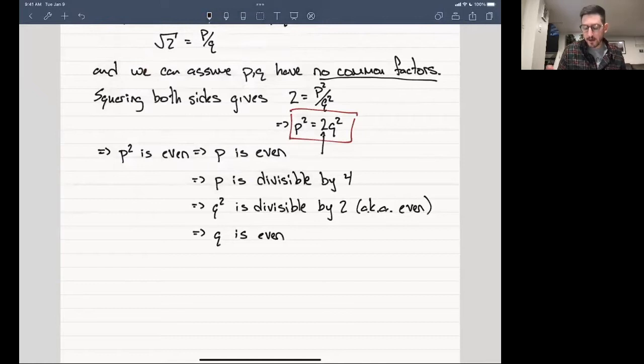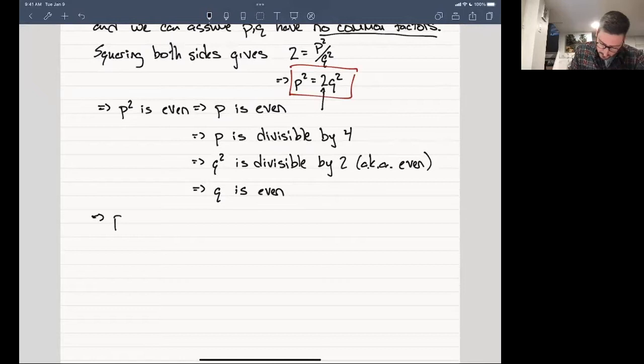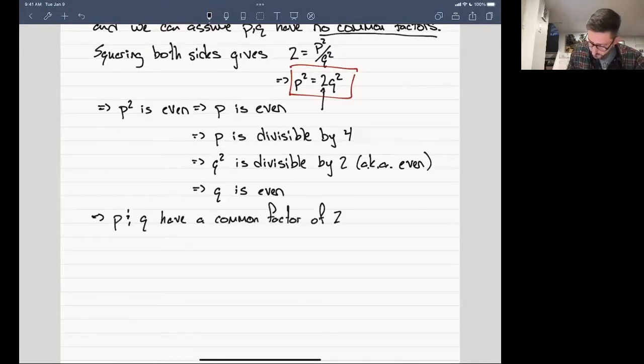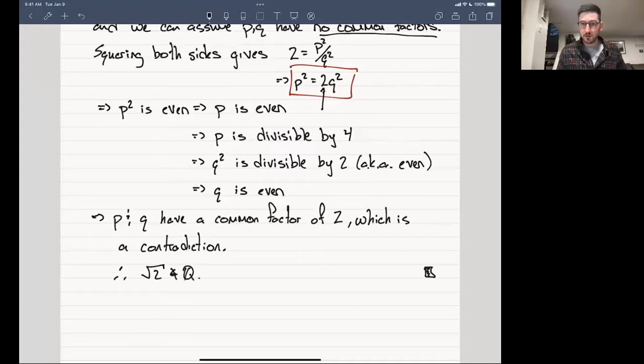But here's the issue: now we know p and q are both even, so p and q have a common factor of 2, which is a contradiction, because we assumed that we got rid of all of these common factors. Therefore, the square root of 2 is not a rational number. We cannot write it as a quotient of integers.